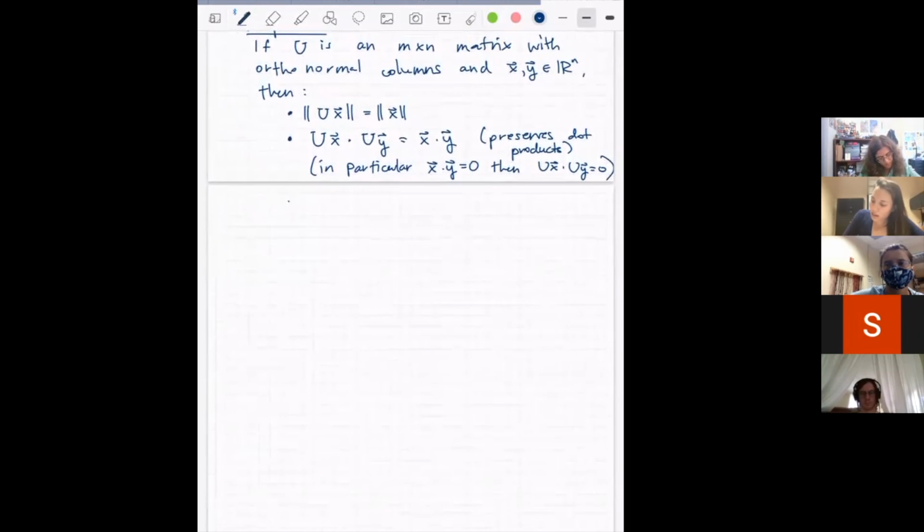Okay, and then lastly, the determinant of U is equal to plus or minus 1. And that's not too hard to show. So let's just do it really quick. Actually, we're going to skip that due to time, but maybe try this yourself.